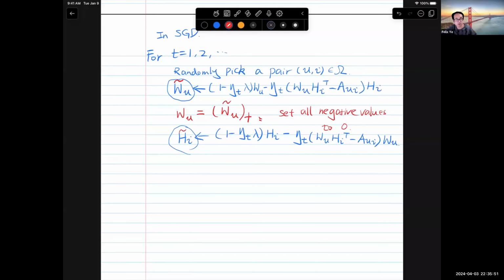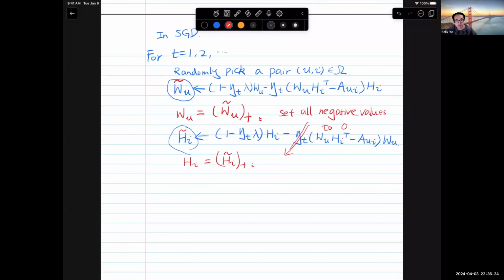So this has to be replaced, right? So project back into 0. Again, set all the negative values to 0. So this is projected gradient descent. All right, so this is one method.